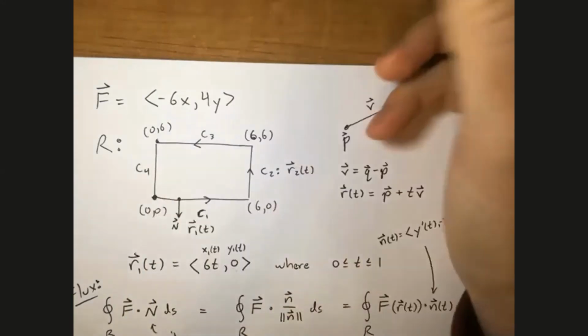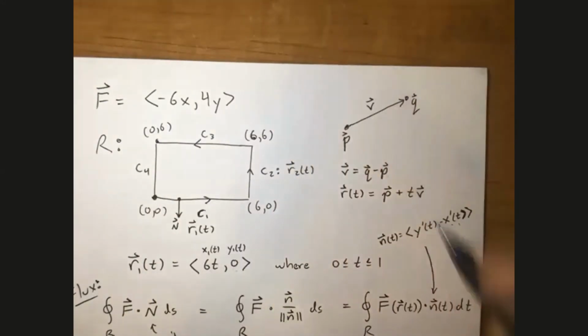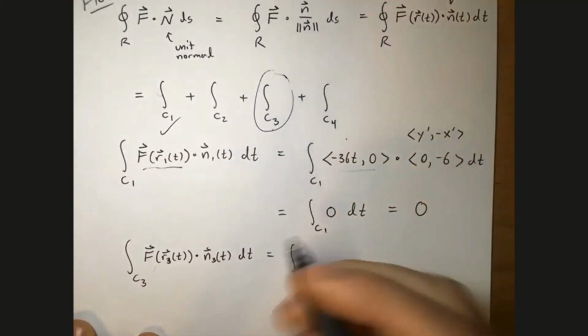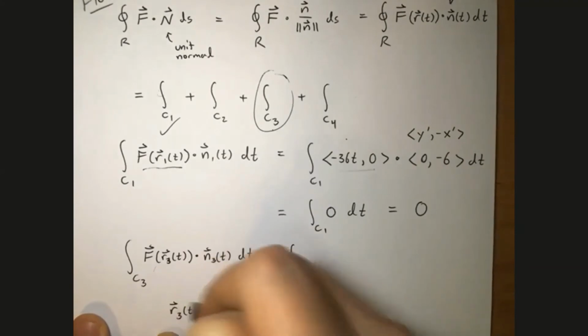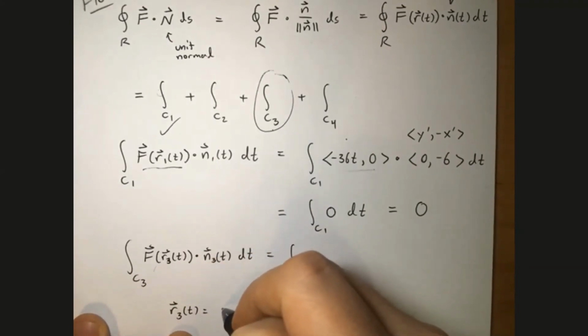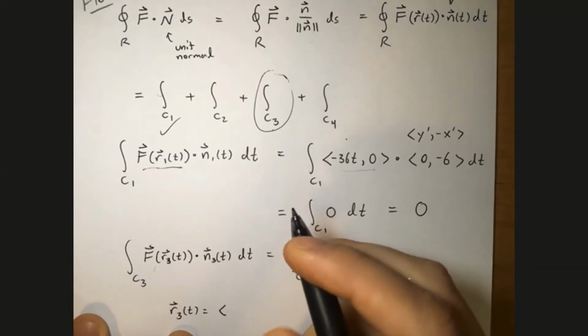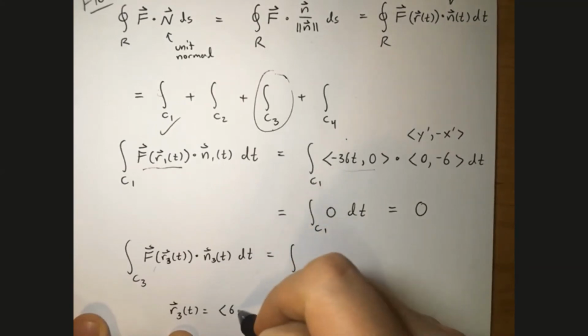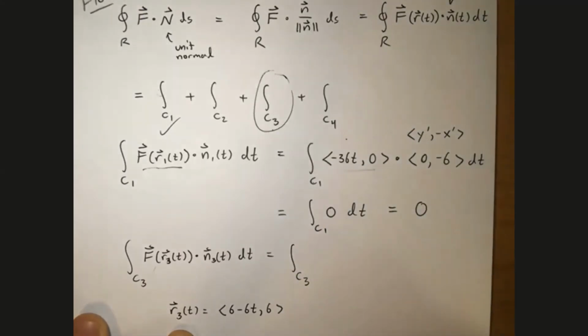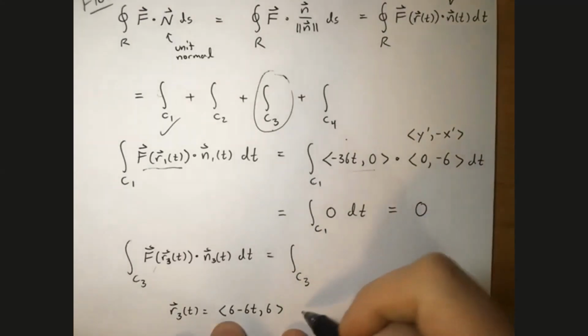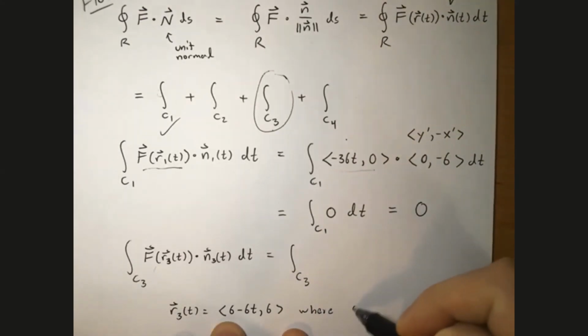What I would use for parameterization here would be 6 minus 6t comma 6, where t goes from 0 to 1.